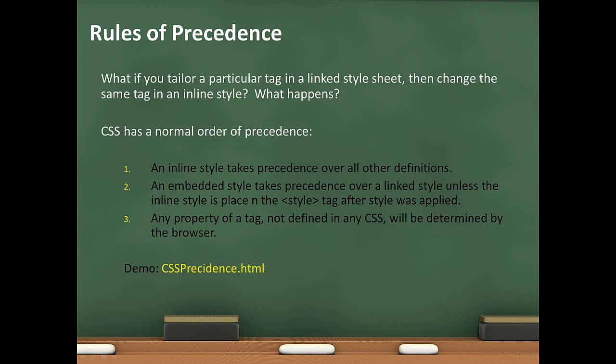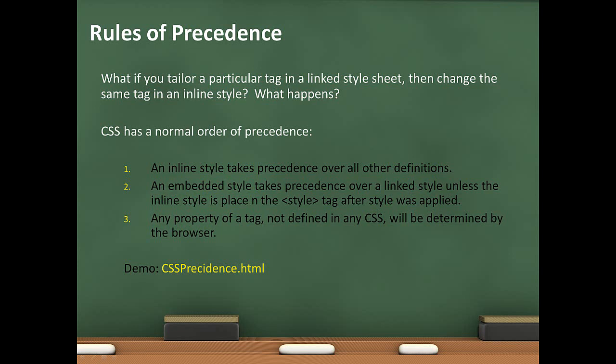A moment ago when I changed that body tag color to green, every tag between the body tags inherited that green text. I could override that green text by adding a style to the element. If I have an H1 red, it would override that green element. So again, inline, if I had made a particular color red, it would have overridden any other setting that we had before. So again, CSS has an order of precedence.